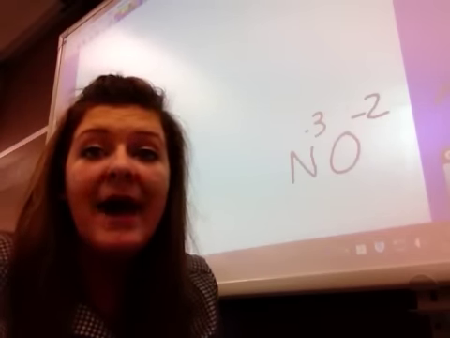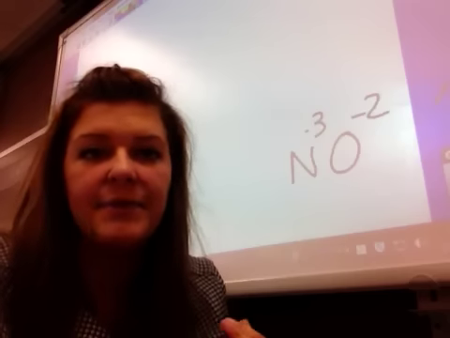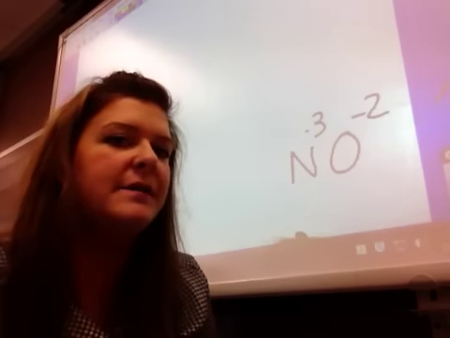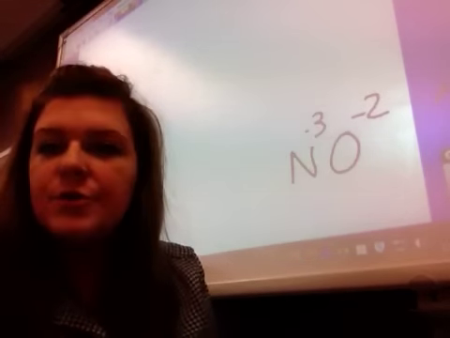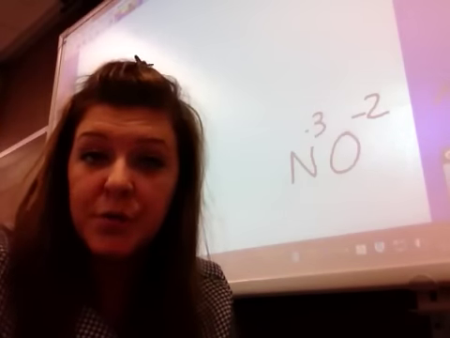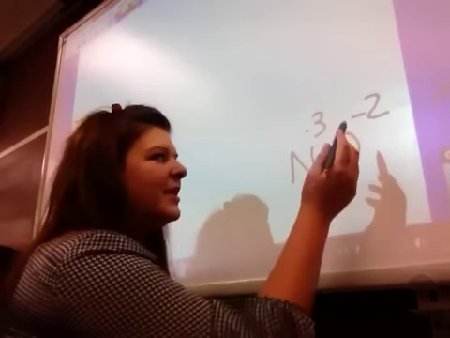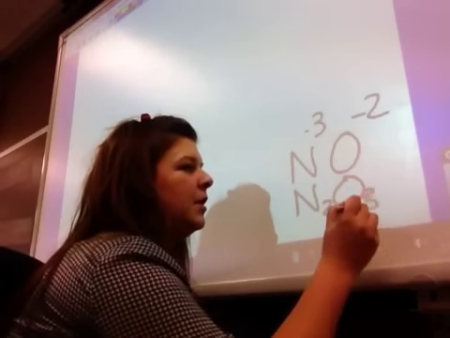And we know that in an ionic bond, there has to be a positive charge and a negative charge, right? There has to be a cation, there has to be an anion. So that's number one, why I can't use charges when we're going to name molecular compounds, which are between two nonmetals. But let's say we crisscross these charges into N2O3.